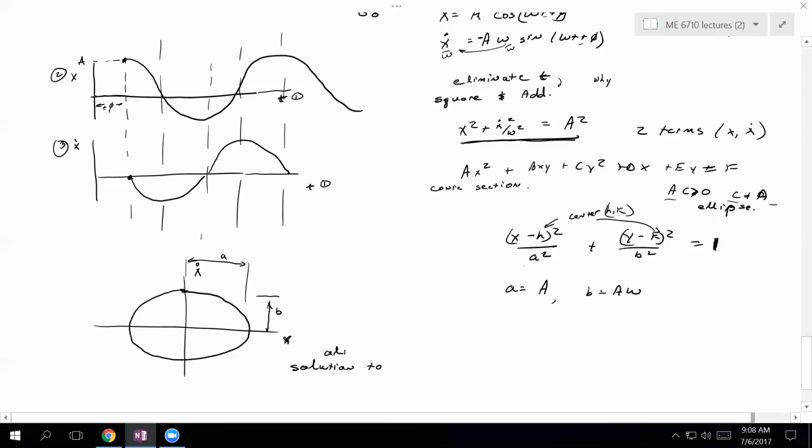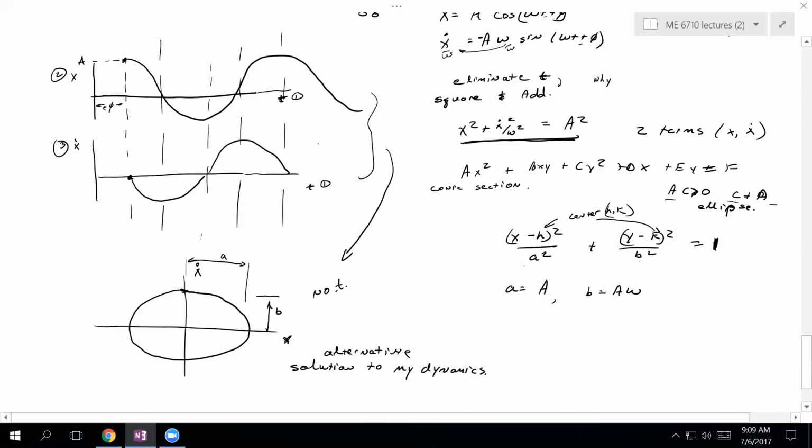Let me just say it's an alternative solution to my dynamics, and I can extract dynamic information from that. Now, this is similar information. In this case, I have no t, so I just have x and x dot, so just one graph will do it.